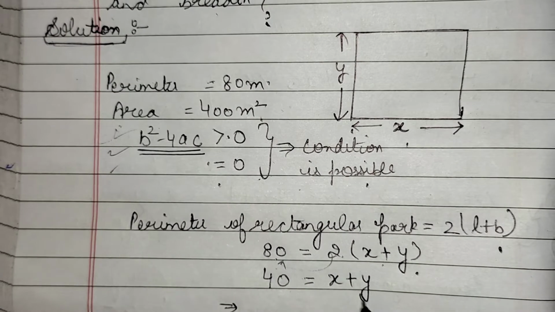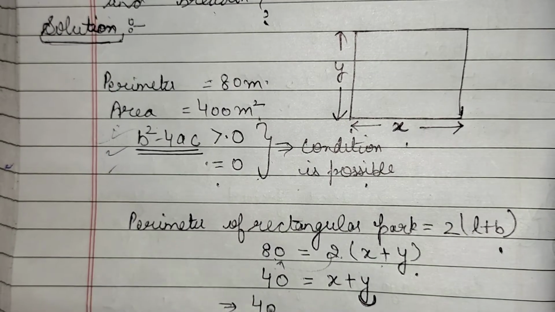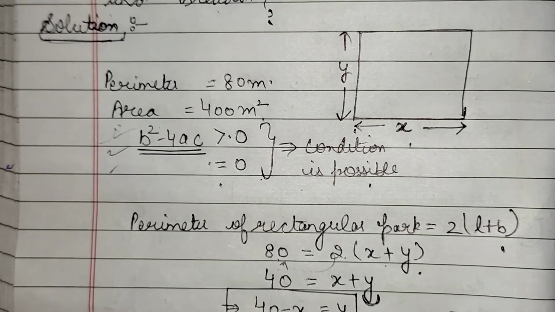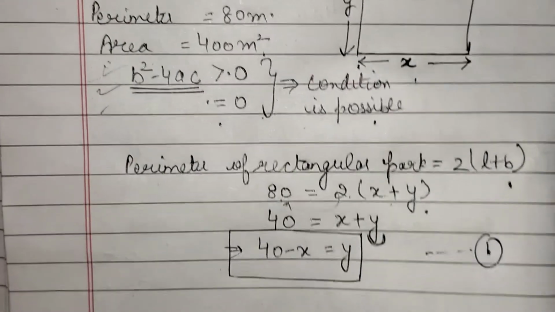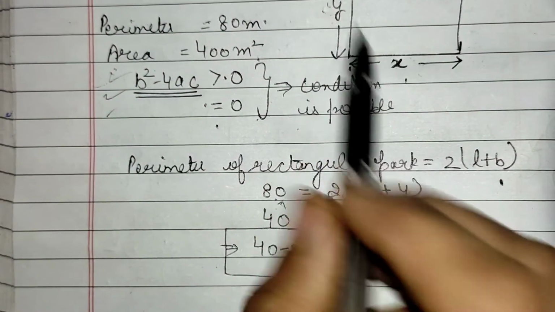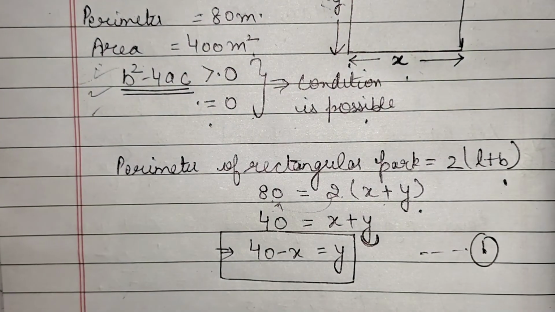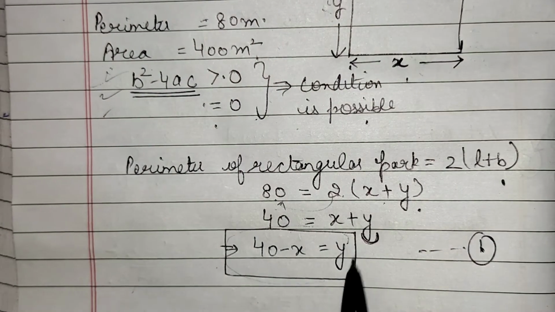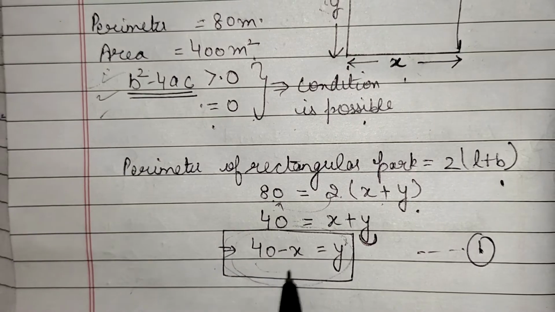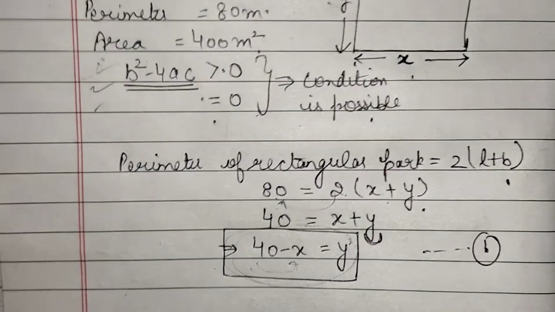So you can find out the value of y from this equation and we will use this value when we calculate the area. Right now I have two variables but my quadratic should be only in a single variable. So that's why I will put the value of y in my second equation so that my equation will become single variable.